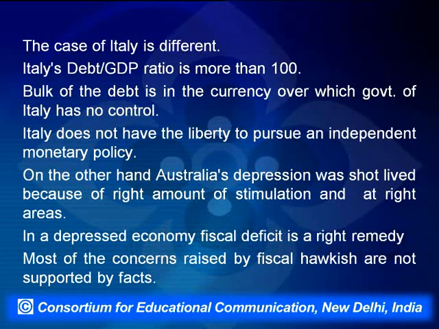It is a common currency. So the problem in Italy is that it cannot adopt an independent monetary policy. Monetary policy is important because if government has to increase its expenditure to increase aggregate demand, it can do it by borrowing from the central bank, that is by printing more money, which option is not there with Italy.